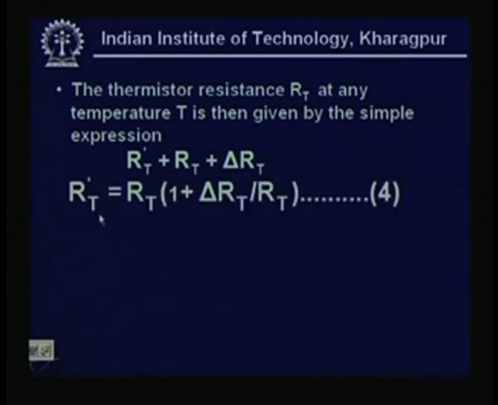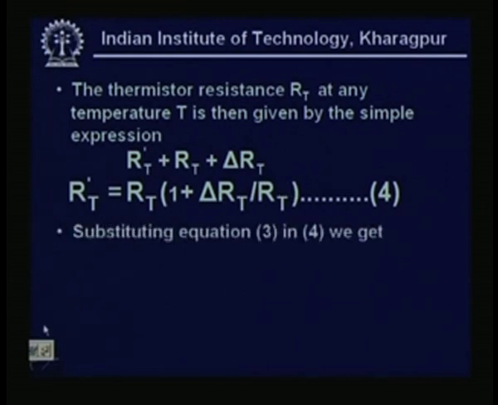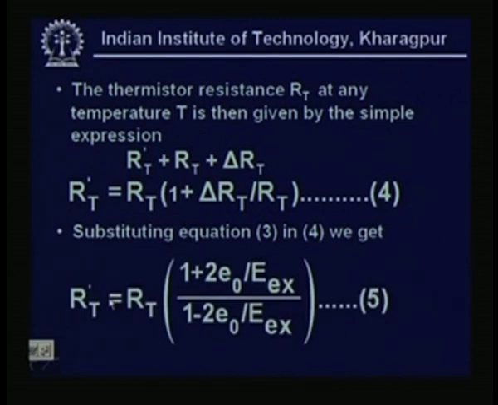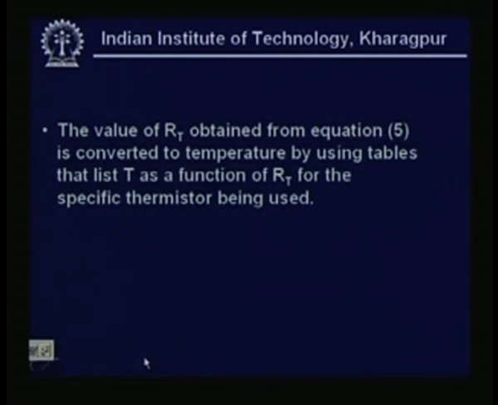So, I can write that if I take RT common, RT (1 plus delta RT by RT). So, this is equation number 4. Substitute equation 3 in equation 4, we get RT dash equal to RT (1 plus 2 E naught by Ex) upon (1 minus 2 E naught by Ex), this is equation number 5, right.